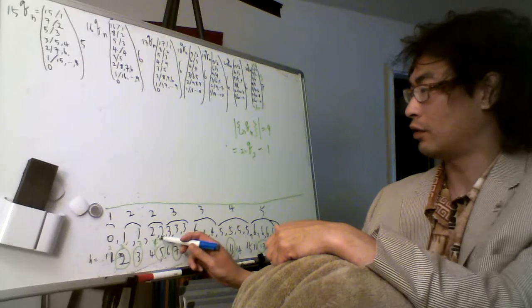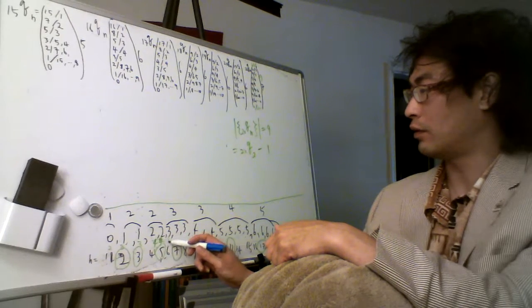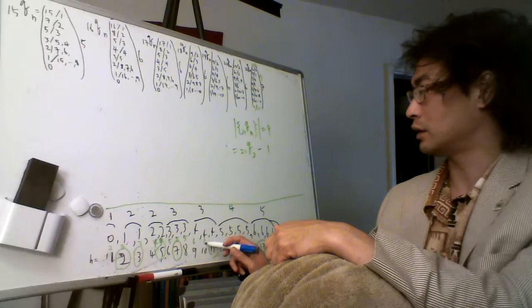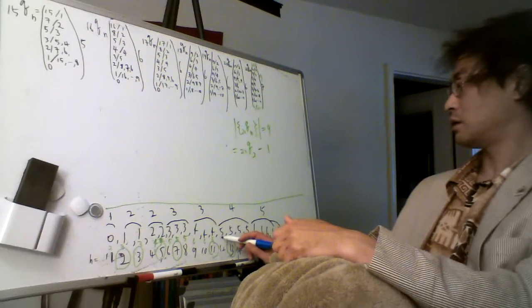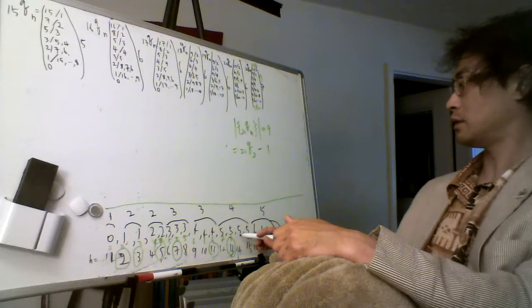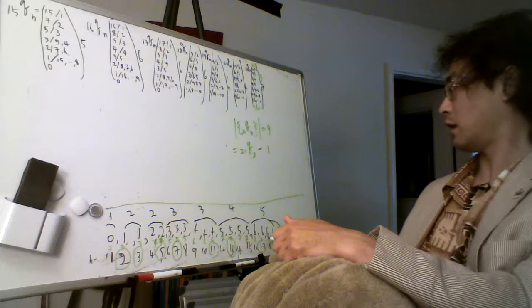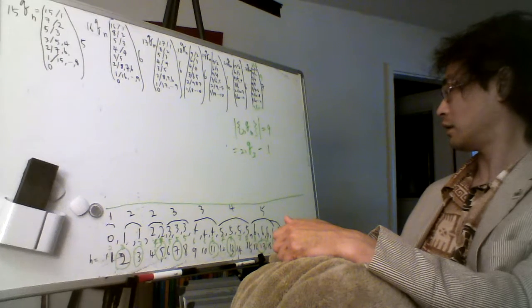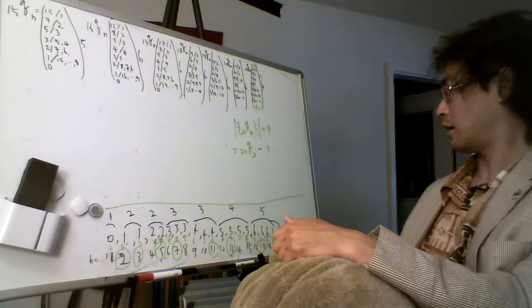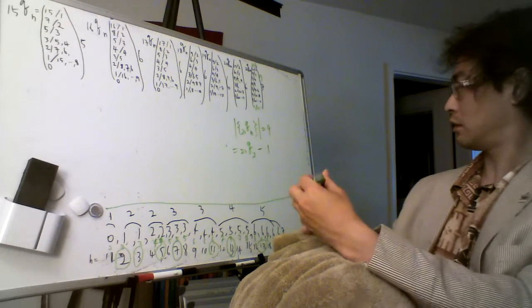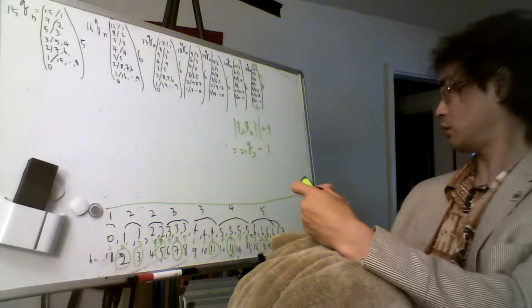Sorry, 4, 4, 5, 5, 5, 6, 6, 6, 7, 7, 7. I'm just adding 2. Okay, 8, 8, 8, 8, 8, 9. So 20 and 21.